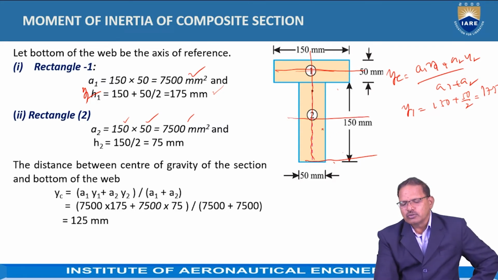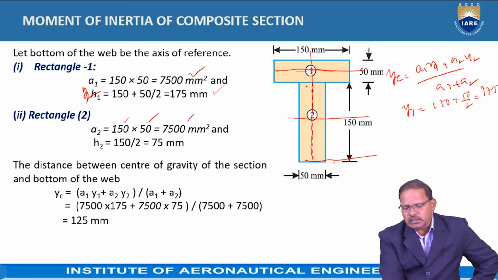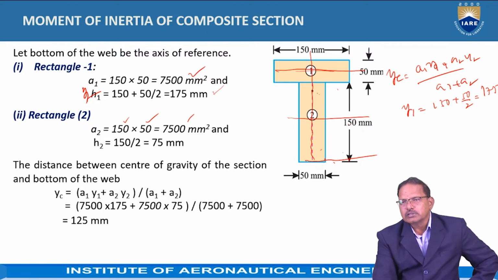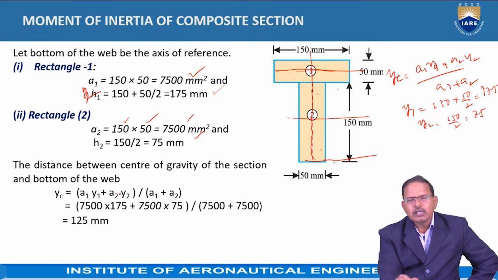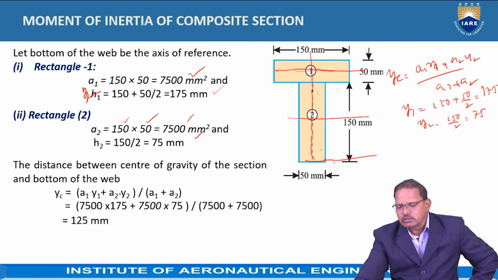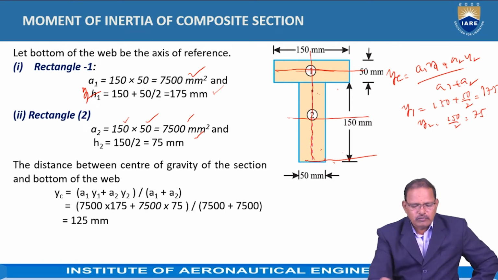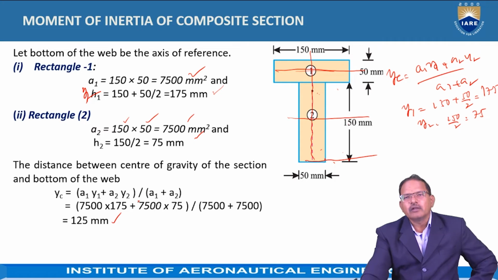Here y2, for this rectangle, is half of its height, which is 150 by 2, equal to 75 mm. Now I am substituting in the equation, yc is equal to a1 y1 plus a2 y2 divided by a1 plus a2. We got yc is equal to 125 mm.